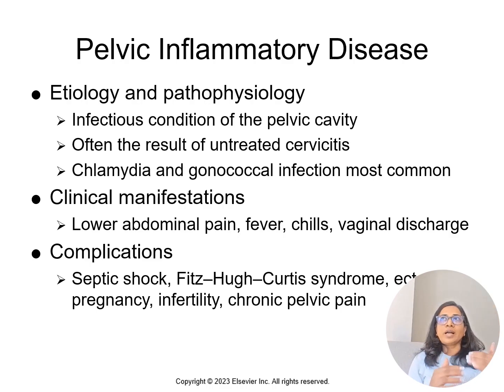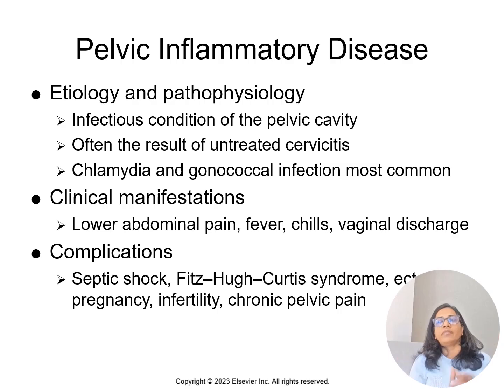So untreated or recurrent PIDs will cause inflammation of the surface of the liver. If we let these patients go for liver function tests, that might be normal. There is nothing wrong with the liver function, but it's just around the encapsulated area, the outermost covering of the liver, which is called perihepatitis.